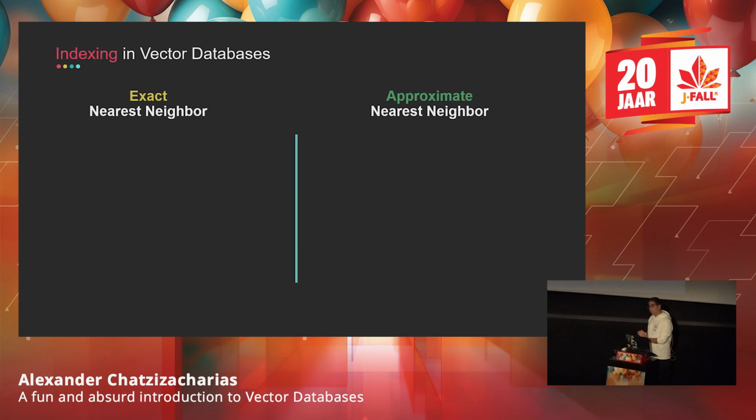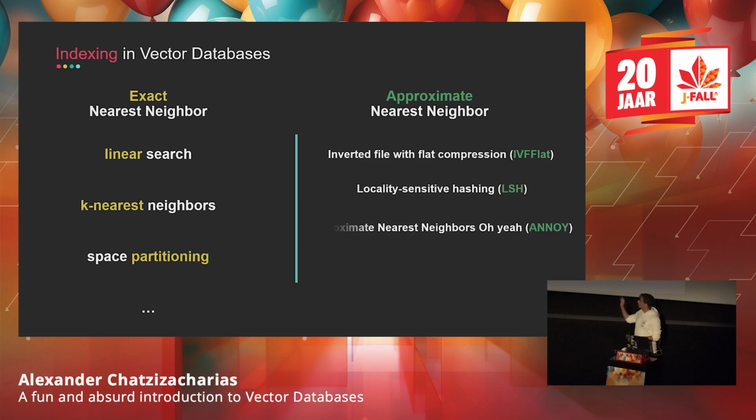If you want to do some indexing, there are a lot of algorithms out there. Maybe you recognize a couple. So on the exact side, we have linear search, which is exactly what you think it is. Every time a vector enters the database, it will check it against all the other vectors in the database and index it accordingly. As you can guess, that maybe doesn't scale very well.